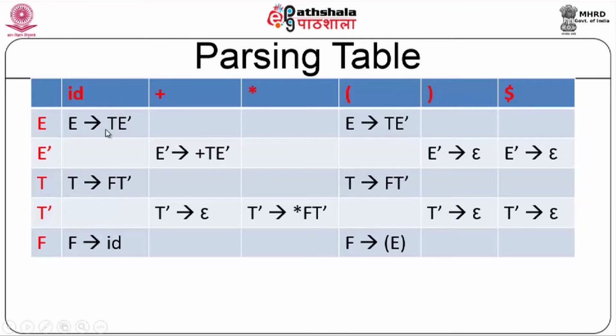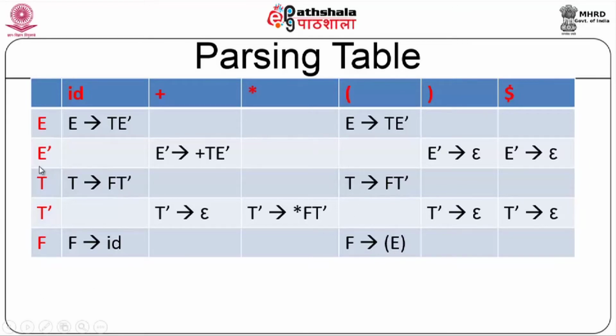Now, the non-terminal E has only one production, therefore we added that, whereas the non-terminal F has multiple productions. Those multiple productions contribute the multiple symbols available in the first. Therefore, at the intersection of F comma ID, we added F produces ID, and at the intersection of F comma open parenthesis, we had the production F produces open parenthesis E close parenthesis, and the remaining was done similarly.